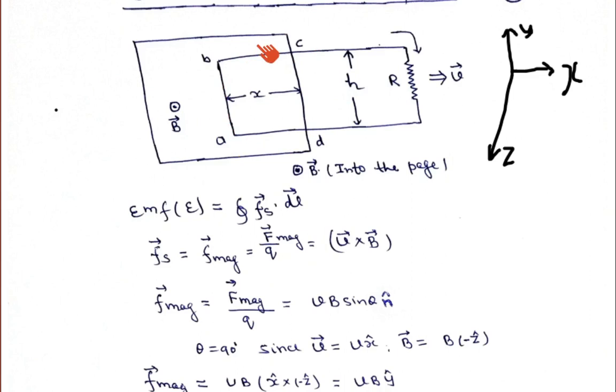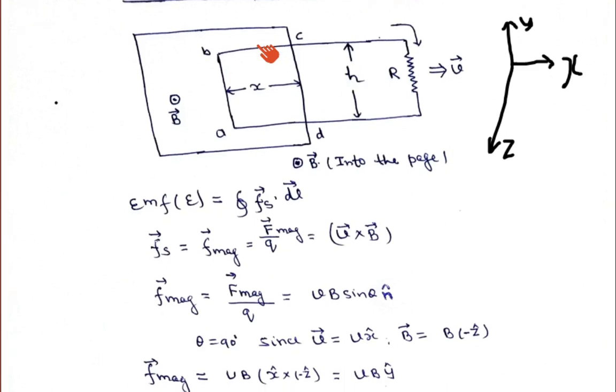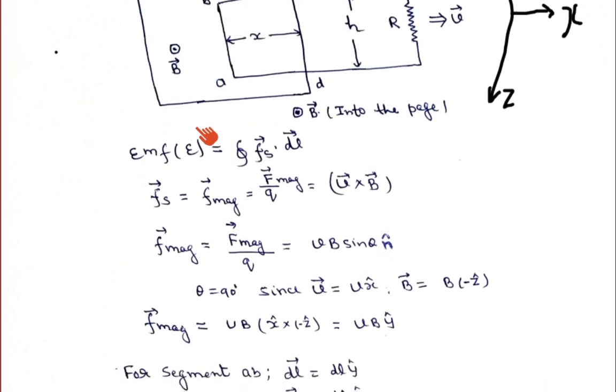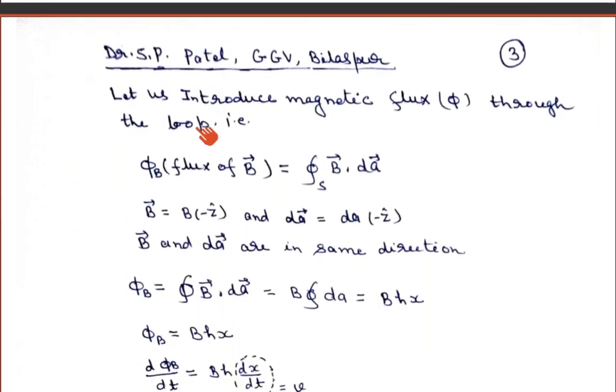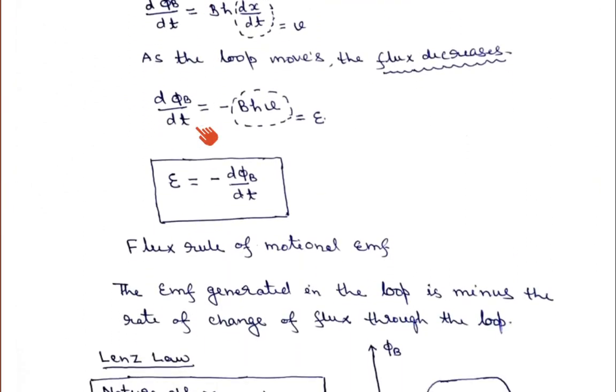So we learned that whenever a circuit is moving in the presence of a magnetic field, there is a change of flux, and because of the change of flux an EMF also develops, which we know is minus the rate of change of flux with respect to time. So that is the EMF, meaning a potential difference is developed in the circuit.